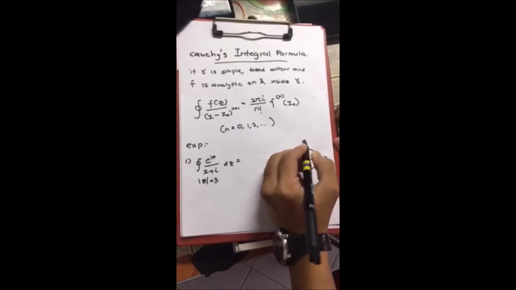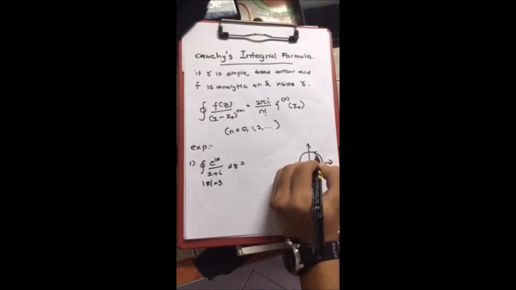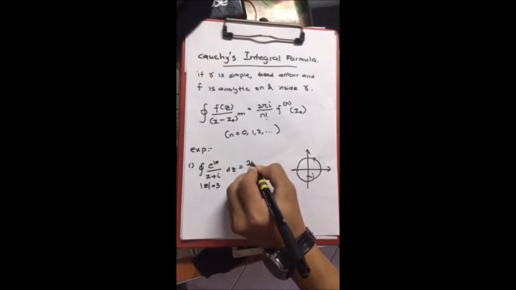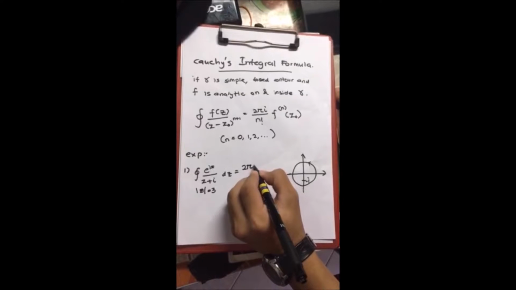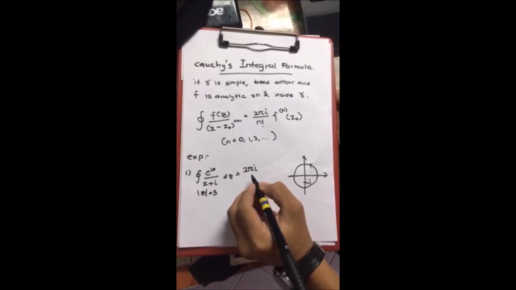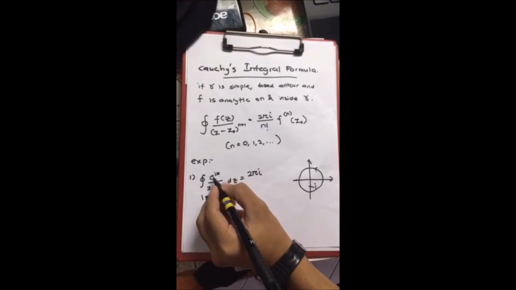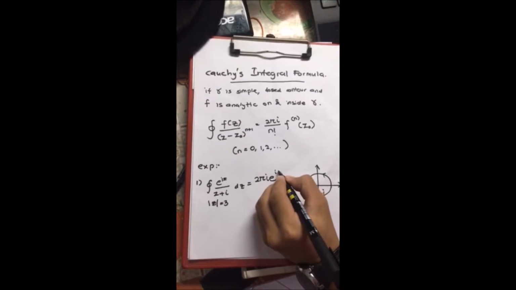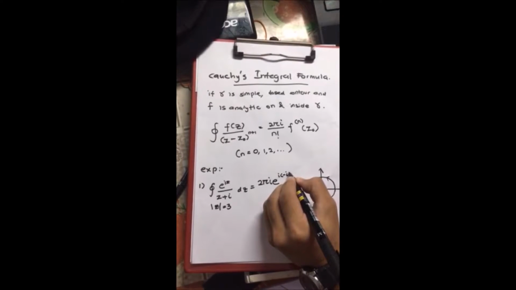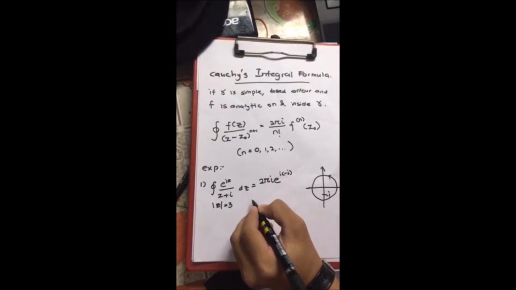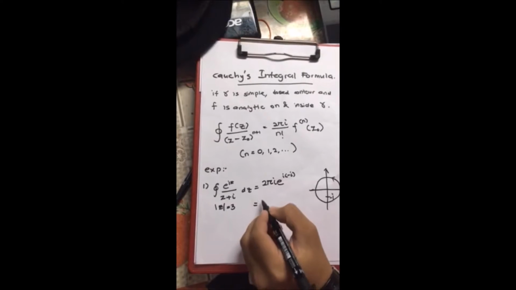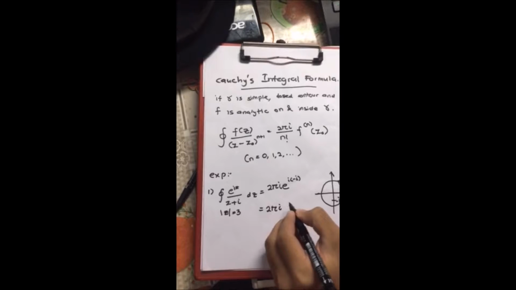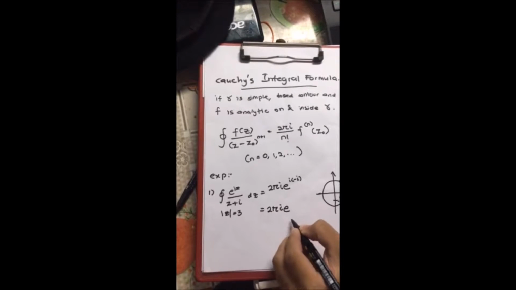Okay, it is anti-clockwise. Okay, the answer is 2 pi i times the exponent of i times negative i. Okay, the final answer is 2 pi i exponent.